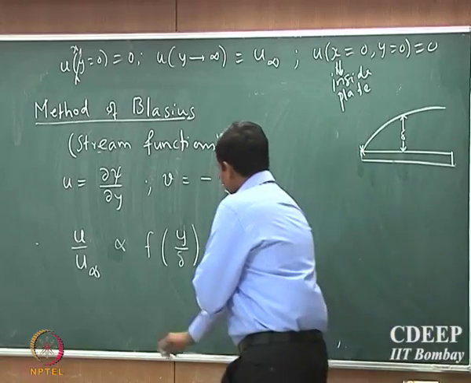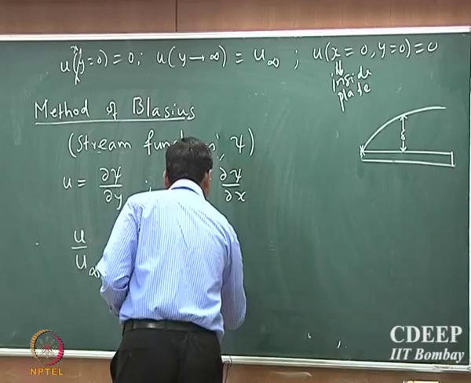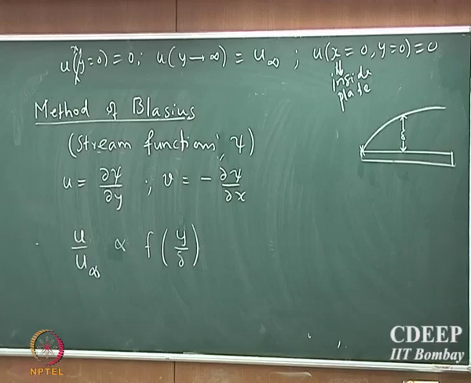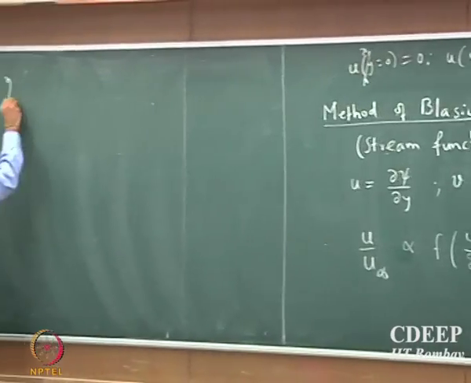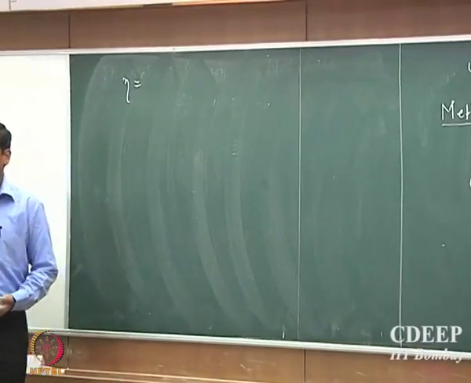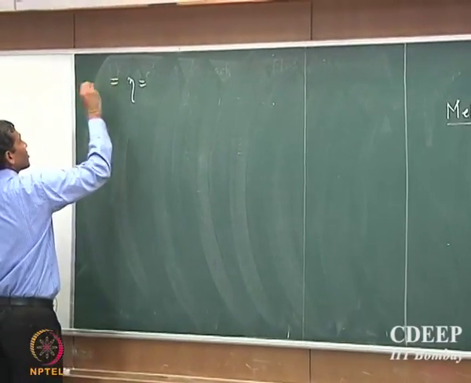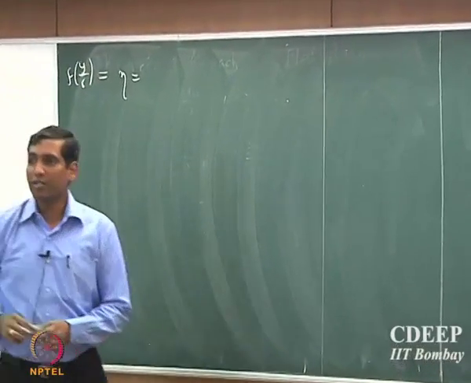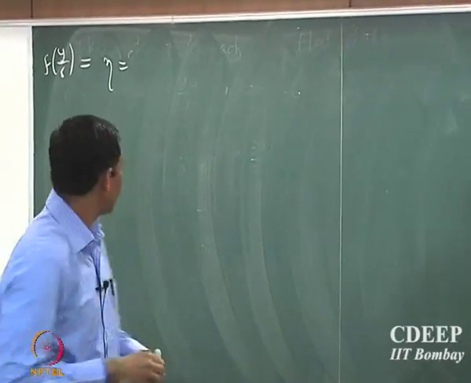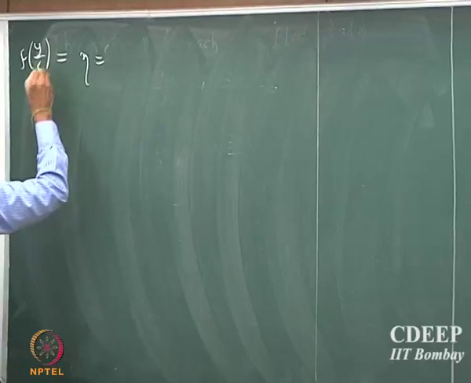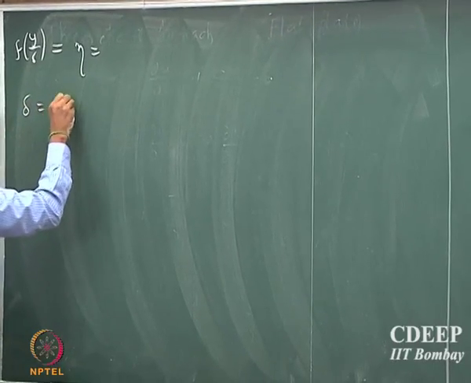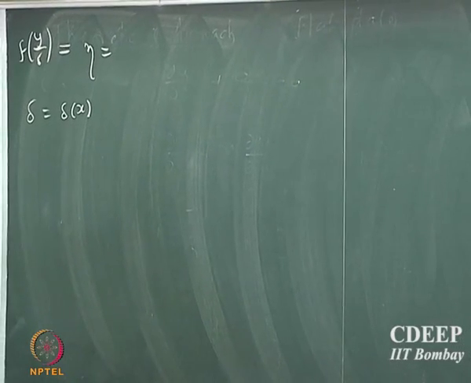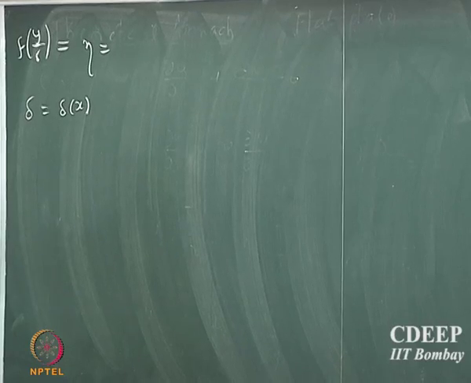Then he said, okay, suppose we define a new function called eta, which essentially captures the effect of y by delta. Note that delta is a function of x position. Depending upon where you are located, the height of the boundary layer is different.